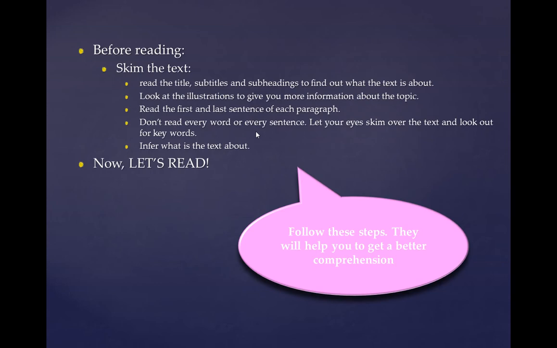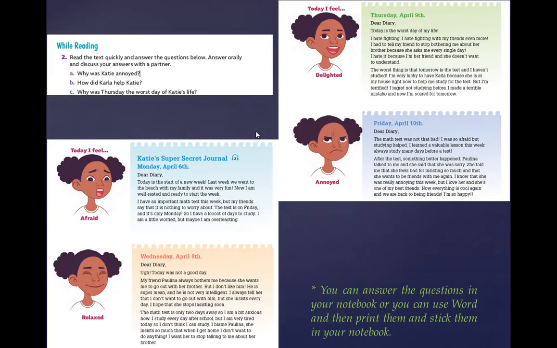As it says, follow these steps. They will help you to get a better comprehension. So this is the text that you are going to find in your book. While reading, read the text quickly and answer the questions below. You're not going to answer orally, and you are not going to discuss with a partner because you are at home.